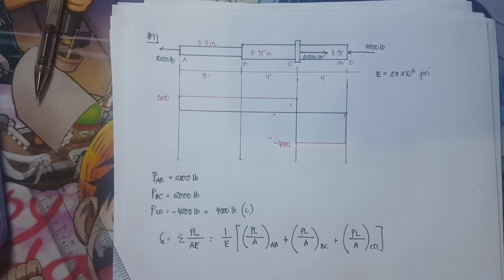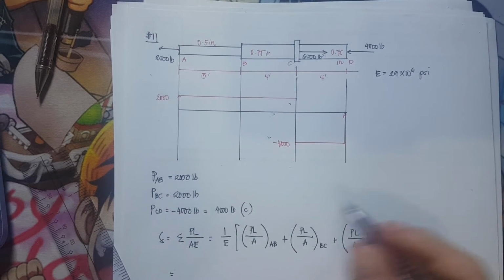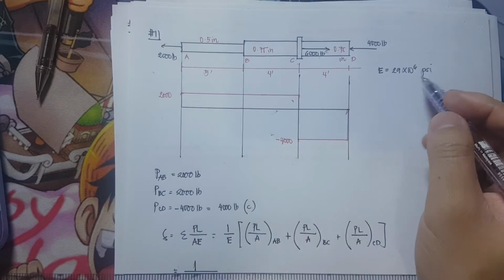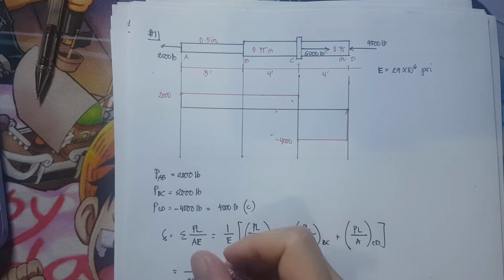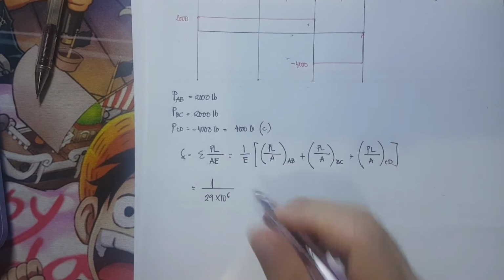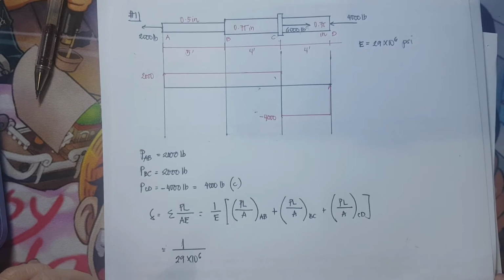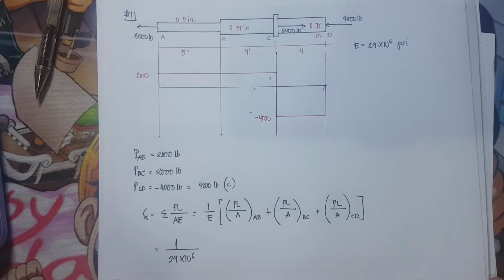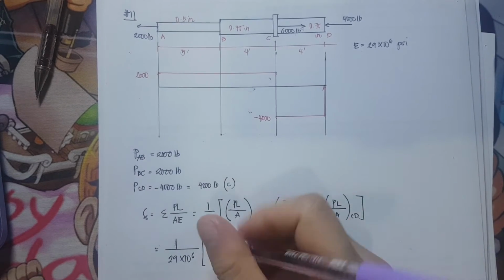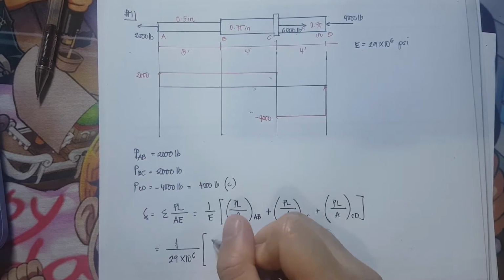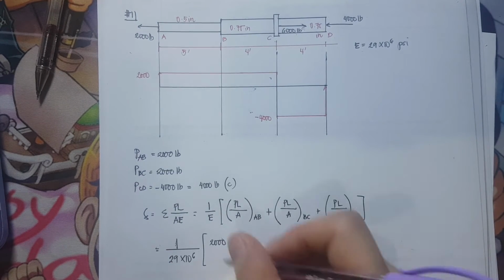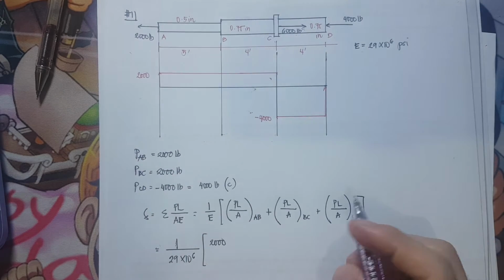So substituting the values, we have 1 over E. What is E? E is equivalent to 29 times 10 raised to 6. Okay, times, what is P of segment AB? So that is 2,000 pounds. Okay, so 2,000 pounds times the length of 5 feet.